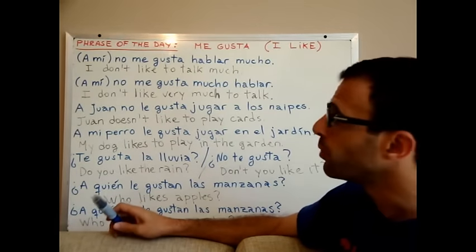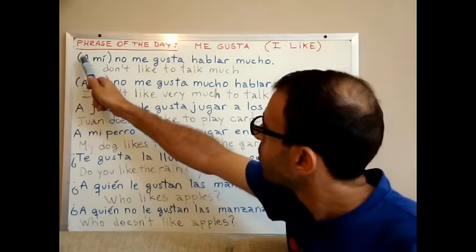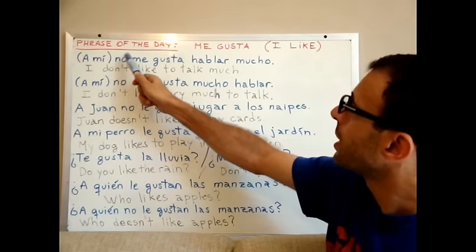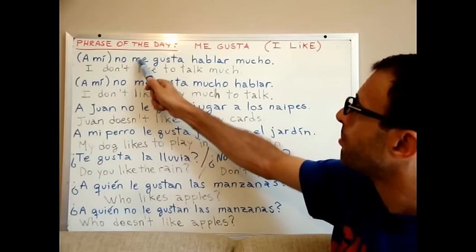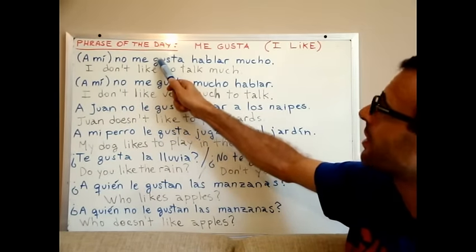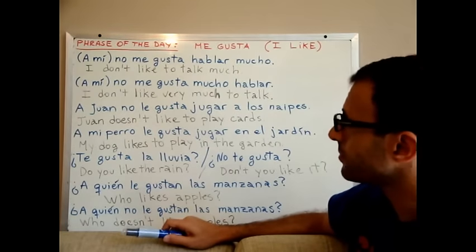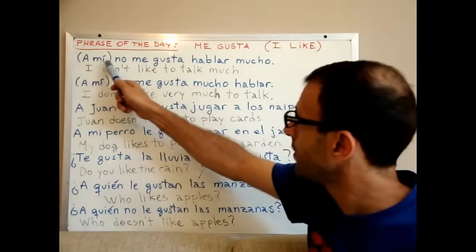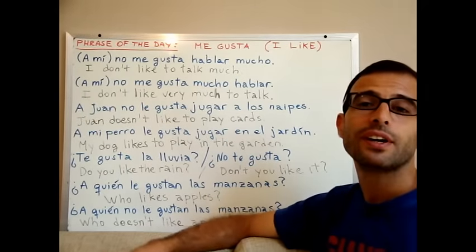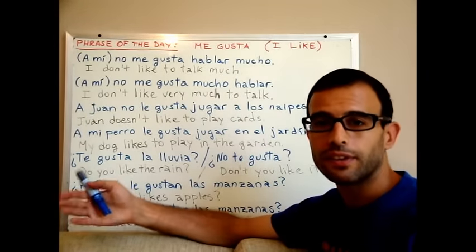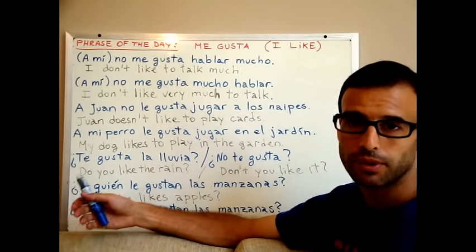The word-by-word translation would be, to me, not myself like to talk much, right? So this, unfortunately, is the complicated structure of saying I like something, or I don't like something.